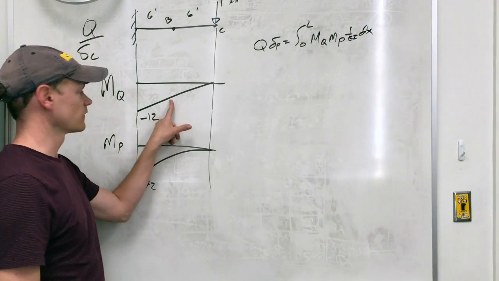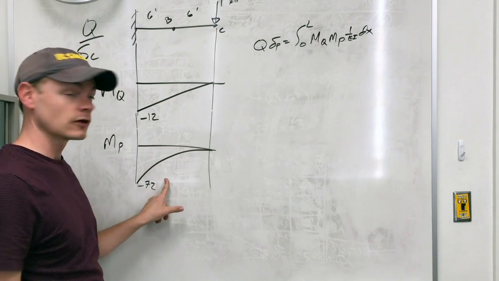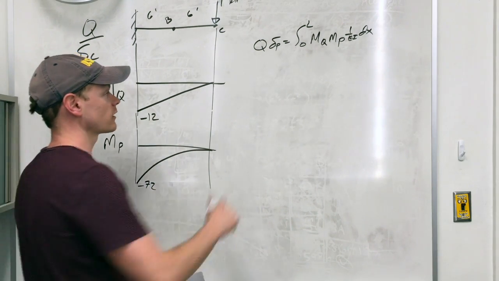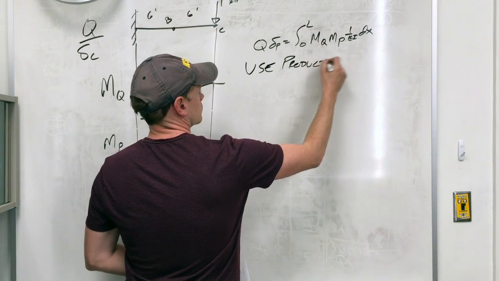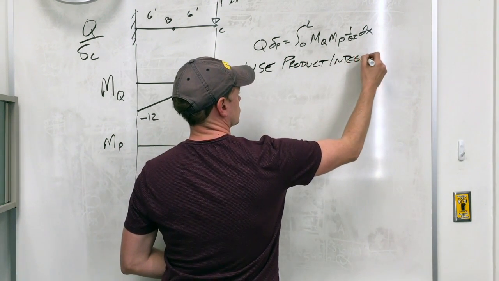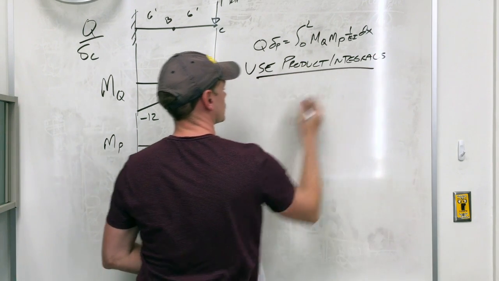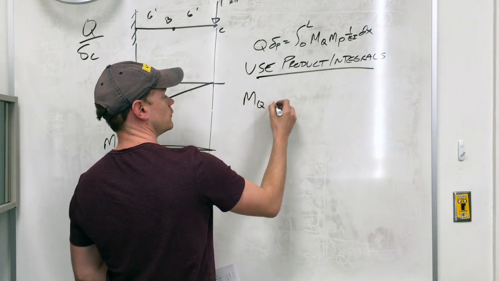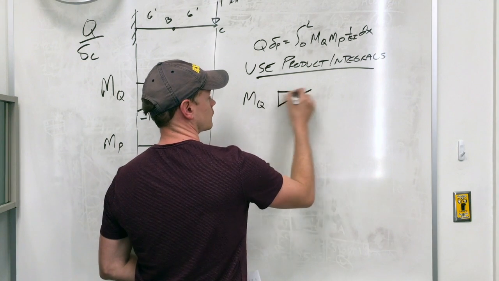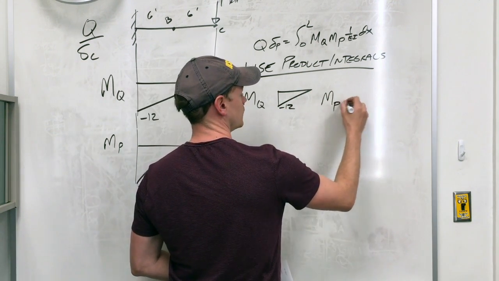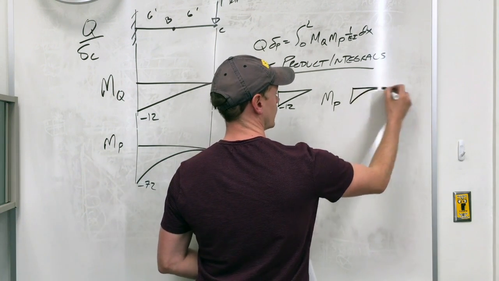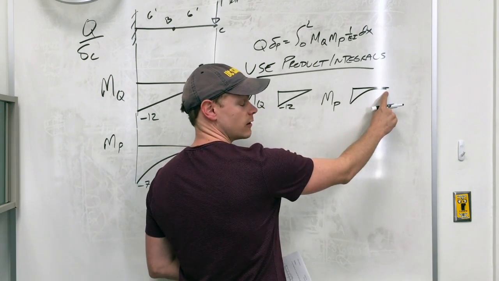Or I can recognize that this is a nice simple shape, and this is also a nice simple shape, and I can use the product integrals. MQ is a nice triangle like this with a negative 12, and MP is a nice parabola that ends at 0.